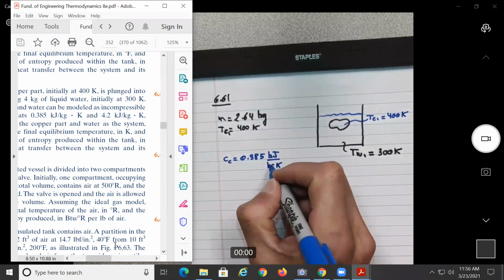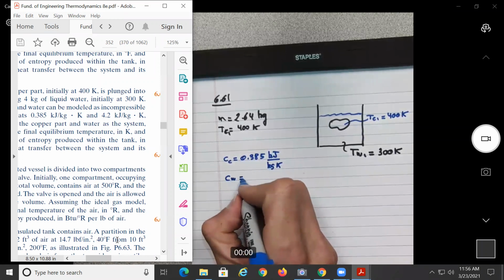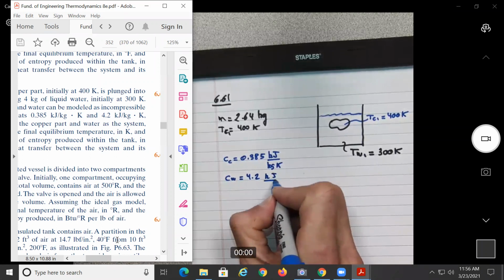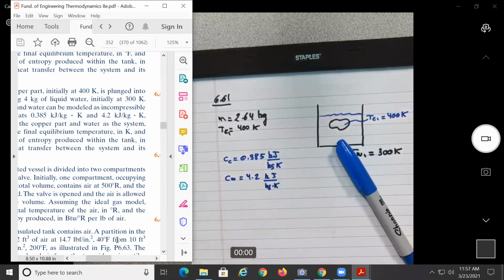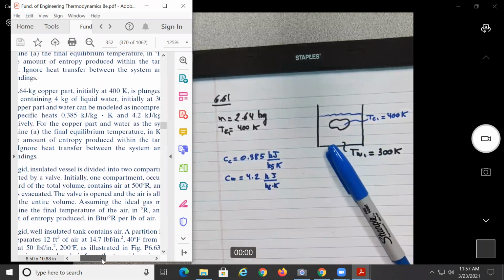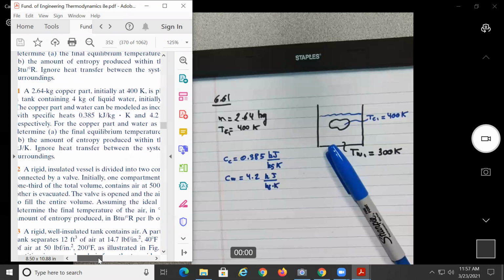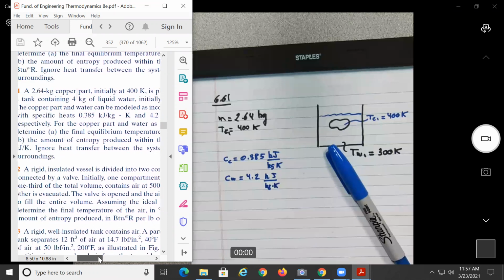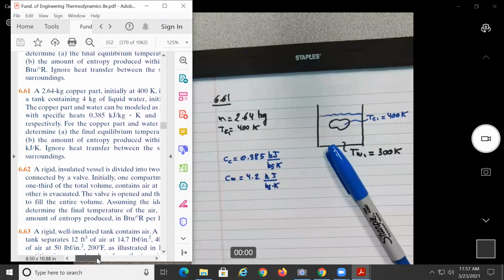Things should be divided or not. I'm not 100% sure here. And C of water, C sub W, is 4.2 kilojoules per kilogram Kelvin, respectively. Okay, we'll check the units later on. For the copper part and water as the system, determine the final temperature in Kelvin and the amount of entropy produced within the tank in kilojoules.